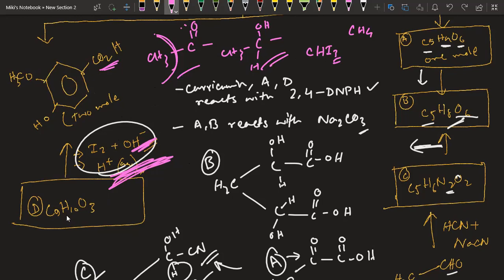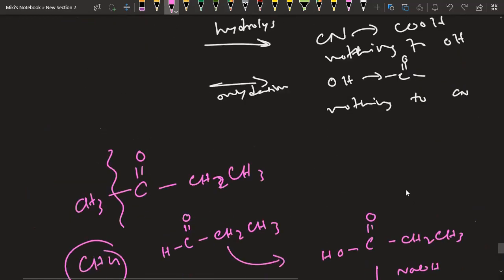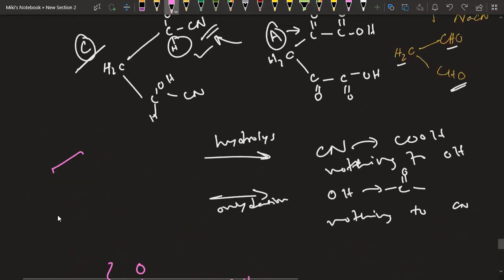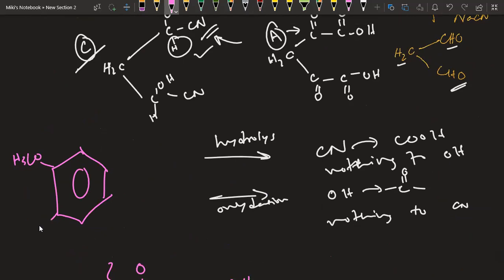Then we have 10 hydrogens. Wait, let me draw it in that place. Let's say this is our benzene structure. We have an H3CO group here, an OH group here, and a carboxylic acid.